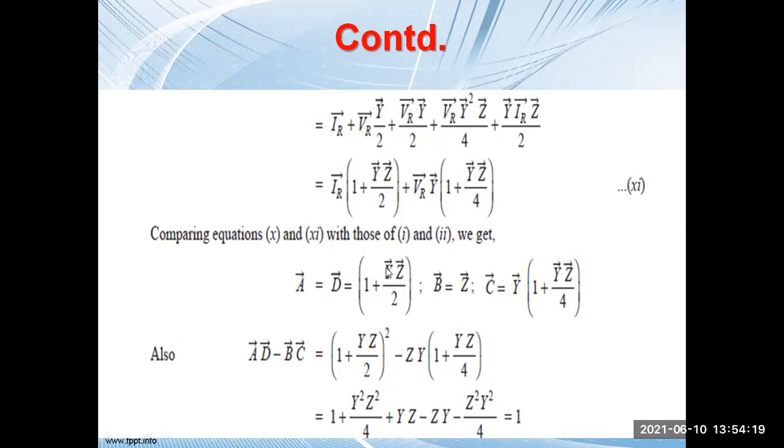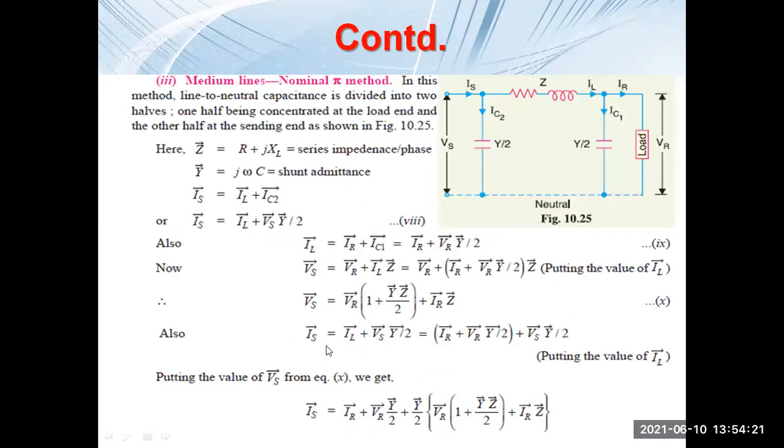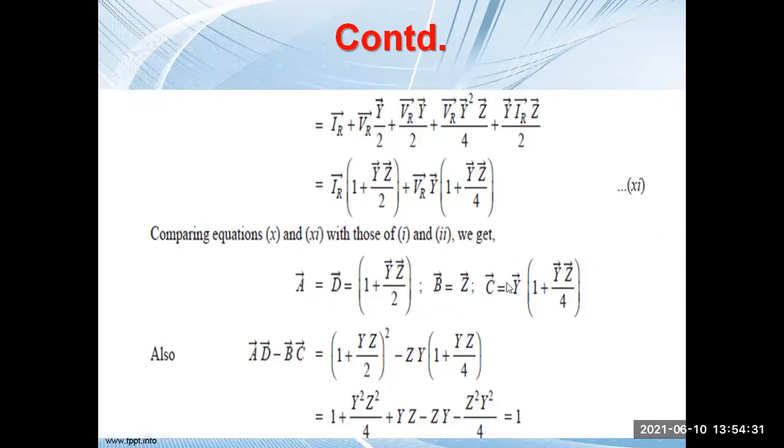Then we simply compare with the VS equation, VS equal to A VR plus B IR. So A will be this one, and we have written A equal to this one and B equal to Z. Similarly, IS equal to C VR plus D IR.